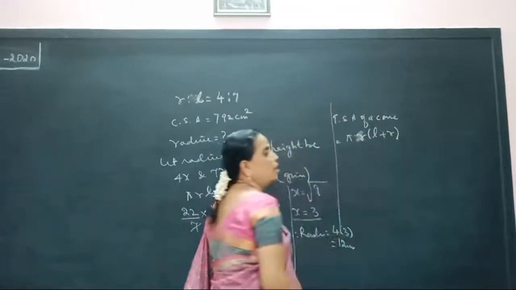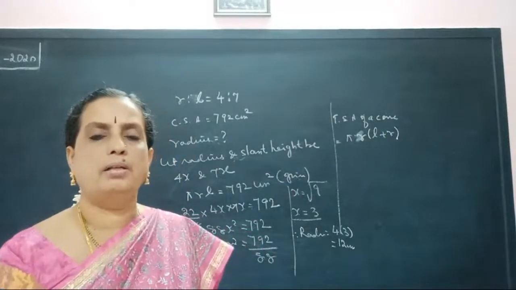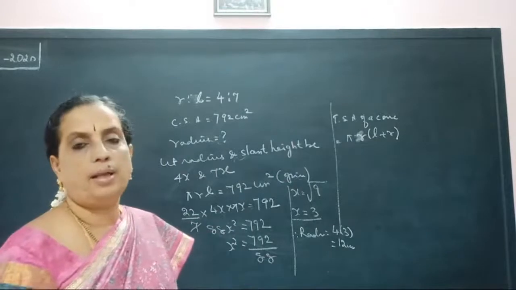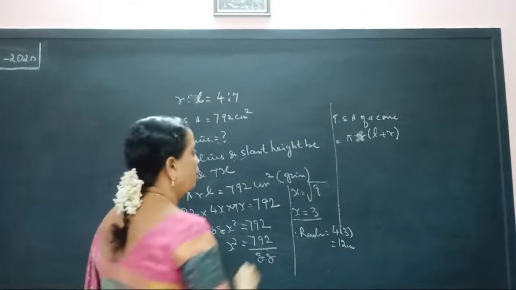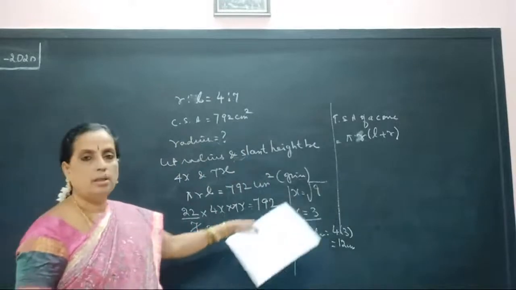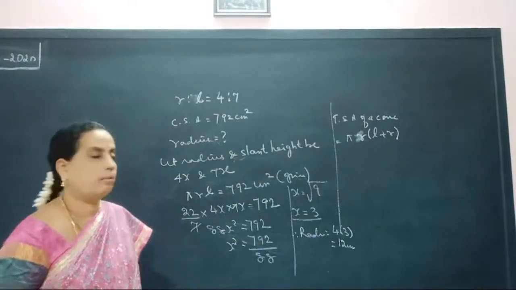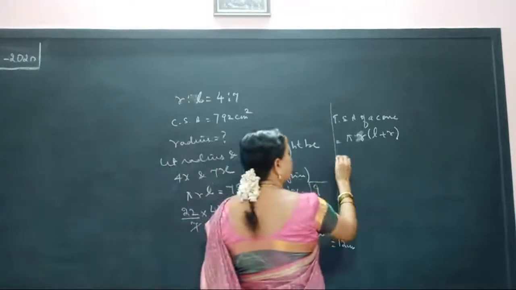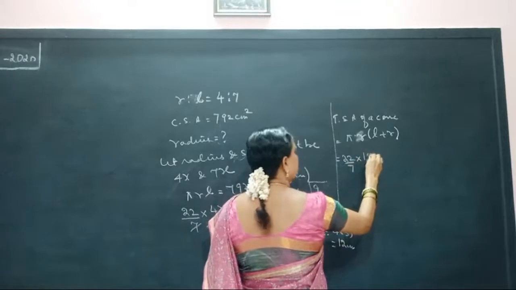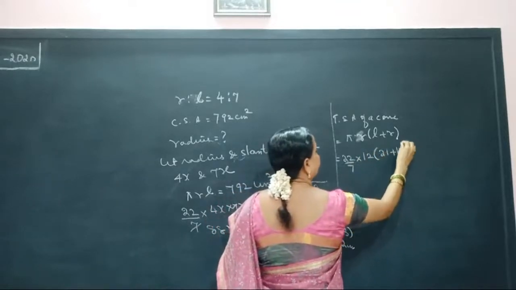That is pi RL, its curved surface area, and pi r square as base area. Yesterday we did up to here, I am doing the next part. Substitute here 22 by 7 into radius 12, into 21 plus 12.